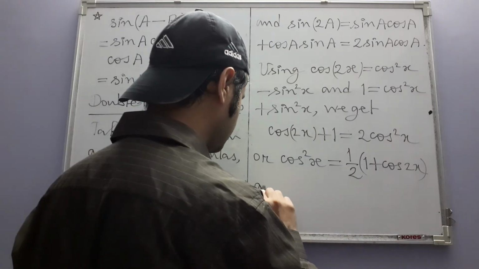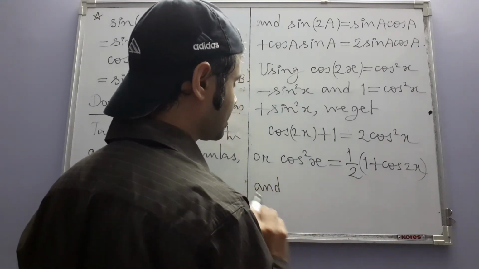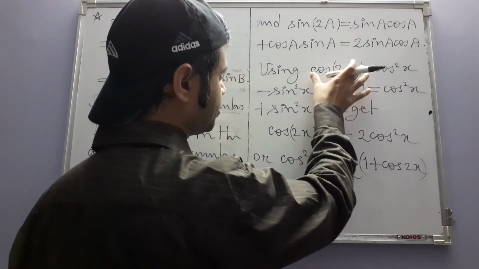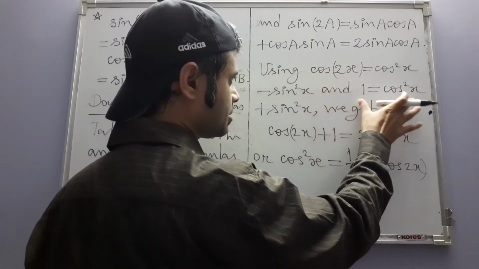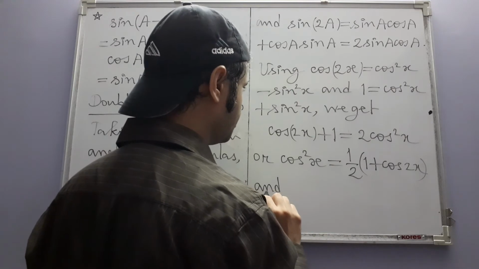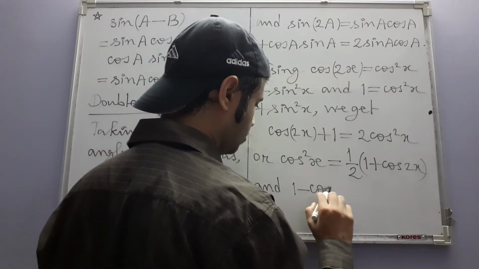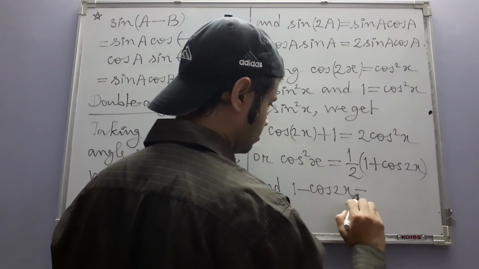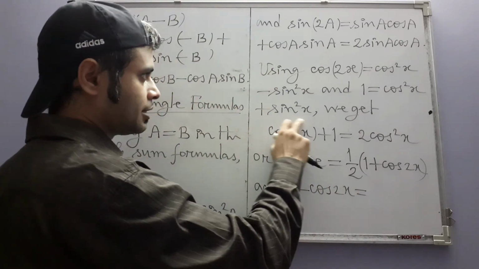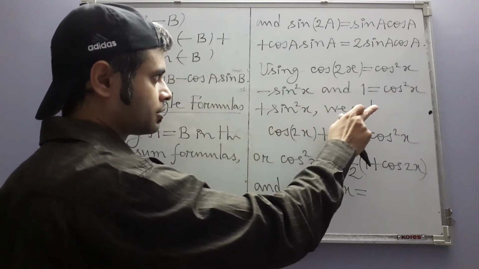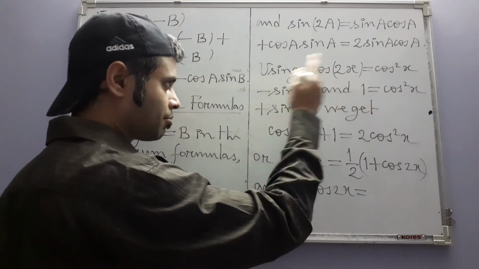And if you subtract this thing from the second equation, then you get 1 minus cos 2x equal to sine square x plus cos square x plus sine square x minus cos square x.